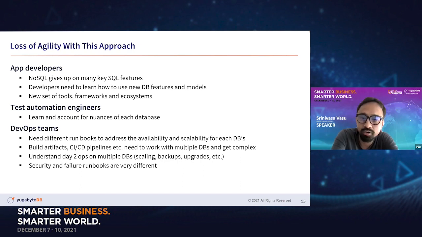And essentially, a lot of frameworks and tools were built based off of SQL APIs. If it's going to be NoSQL, then again, you have to go through the learning phase of learning the nuances of those APIs, or you might end up building your own API if you don't find compatible or supported APIs, right?